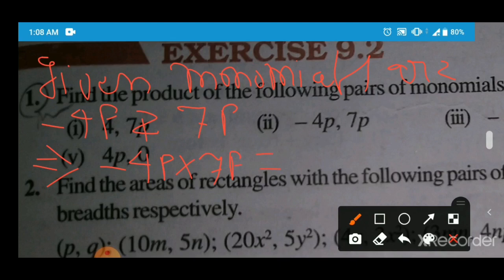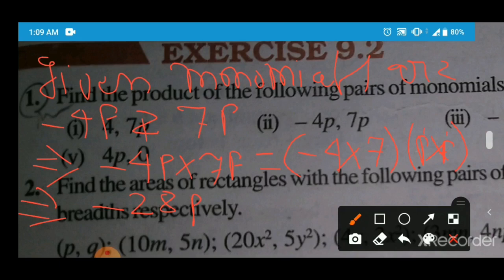This is equal to minus 4 into 7 and p into p. Here 7 4s are 28, so it is minus 28, and p into p. Here p is having the power 1 and power 1, so the power 1 plus 1 gives power 2.